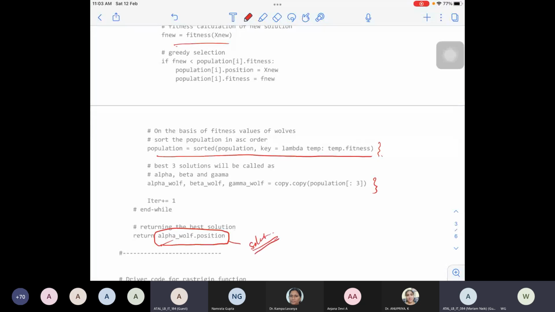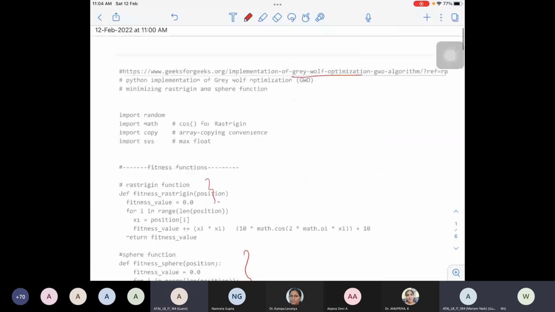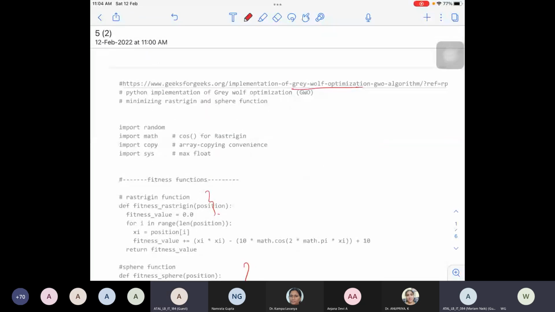So this is the procedure that is followed with respect to this Grey-Wolf optimization. And with respect to most optimization problems, these are the steps that are followed.